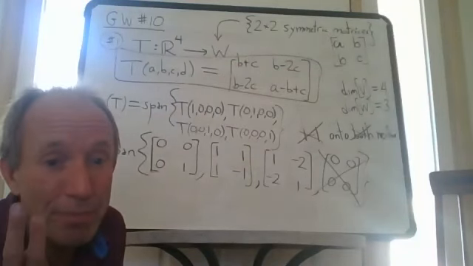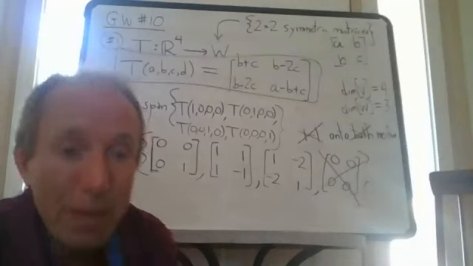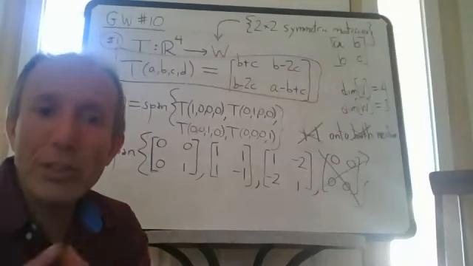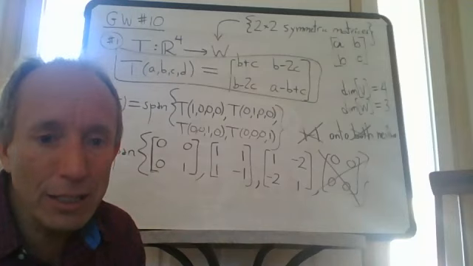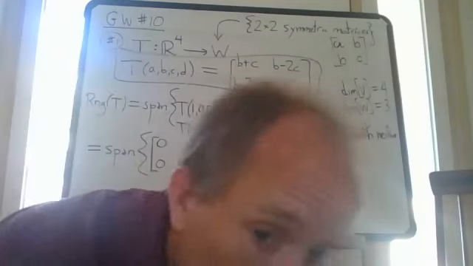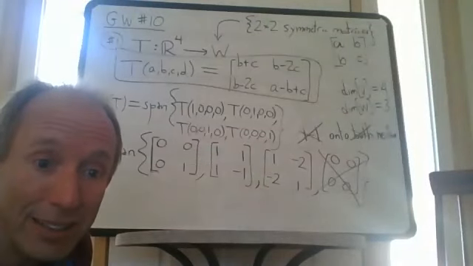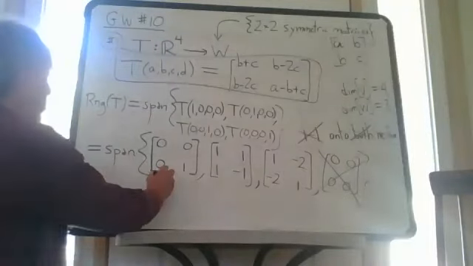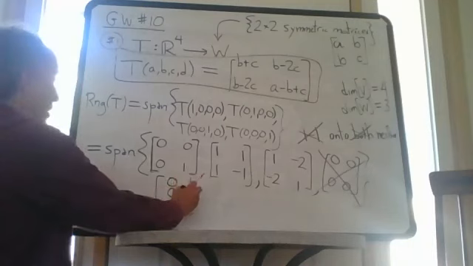There's 3 of them, and the dimension of W is 3. But we have to make sure that these 3 vectors really do span the space, and that takes a little more work. What you can do is check if these matrices are linearly independent. We've done this many times before, where you lay the matrices out into the columns of a matrix.